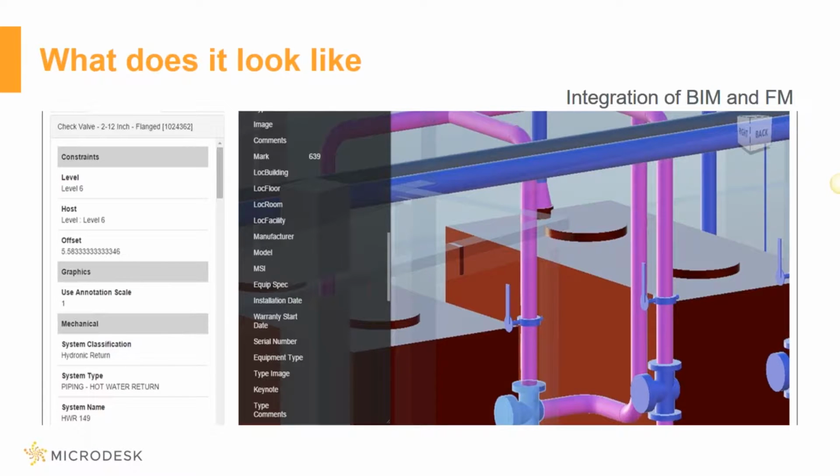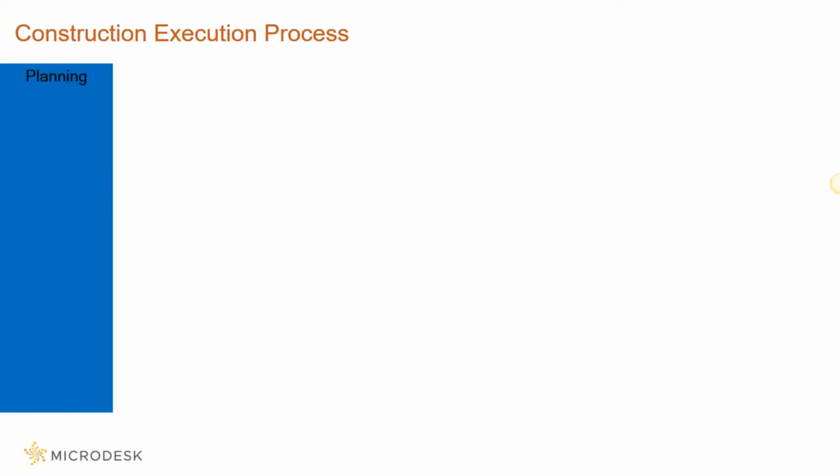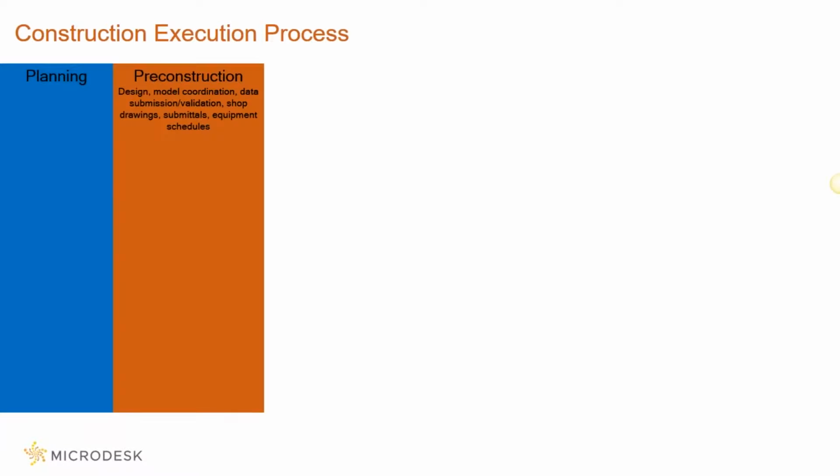So when you start to bring it all together and look at how the construction execution process works, this is just another expanded view of that little timeline that I showed before. We have planning, pre-construction, construction, commissioning, the post-construction process, and the operations and maintenance process.